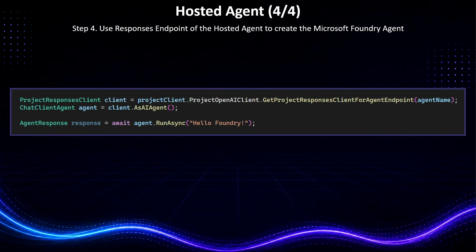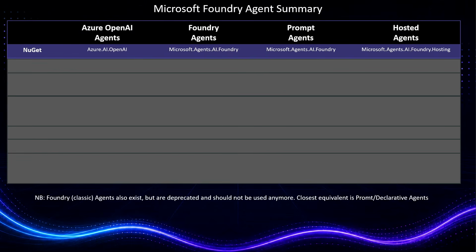So these are the four models, and there's a lot of information here, so I've just put it up in a little summary here at the end. So we have our four options: Azure OpenAI, Foundry, Prompt, and Hosted. And I will talk a little about why one or the other is best. So in terms of NuGet packages, they roughly use the same.